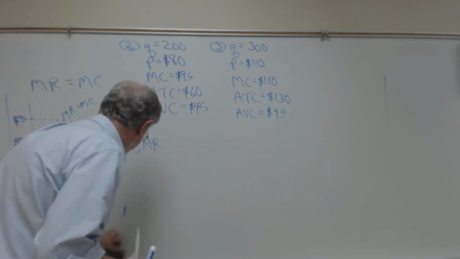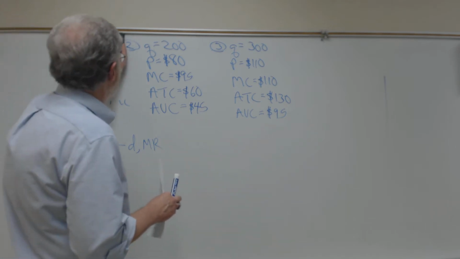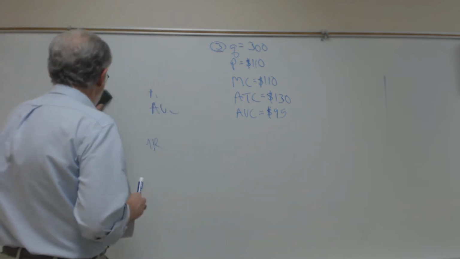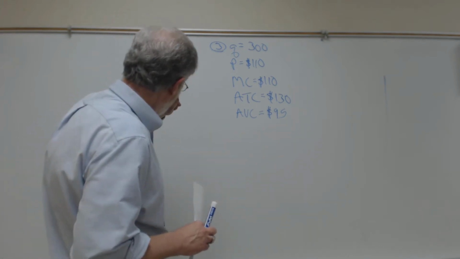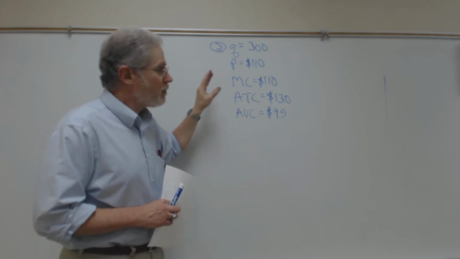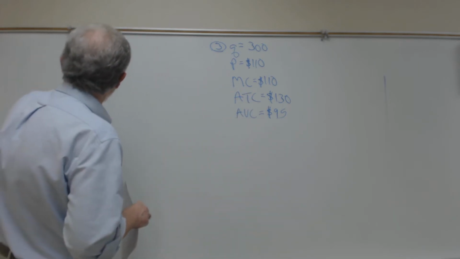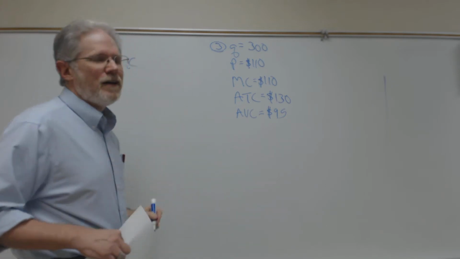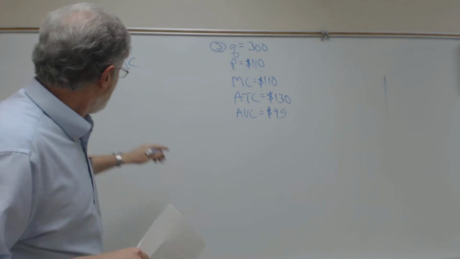Third problem. We're going to follow exactly the same procedure. First thing we have to ask is, is the firm producing at the level of output that will give the firm maximum profit?